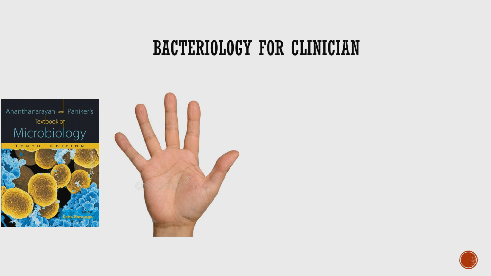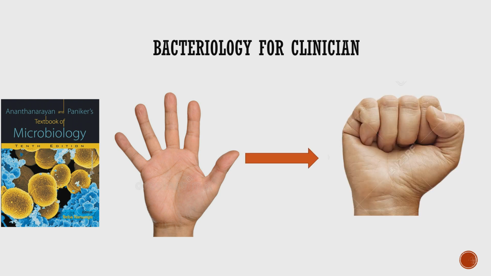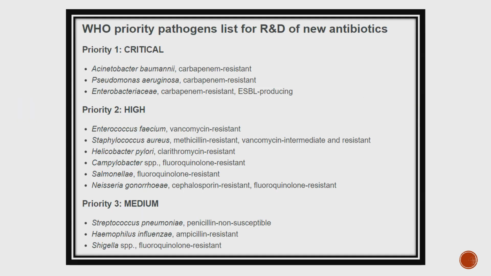These are, first, E. coli, second, Klebsiella, third, Acinetobacter, fourth, Pseudomonas, and fifth, Staph aureus. I think the whole bacteriology is completed for the clinician with knowledge of only 5 bacteria. We need not know all the bacteria written in the microbiology textbook. If the clinician knows these 5 bacteria, the bacteriology is in the hands of the clinician.